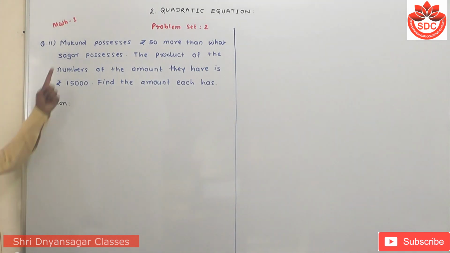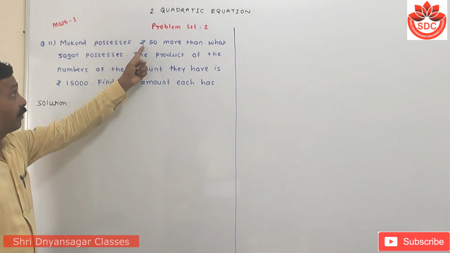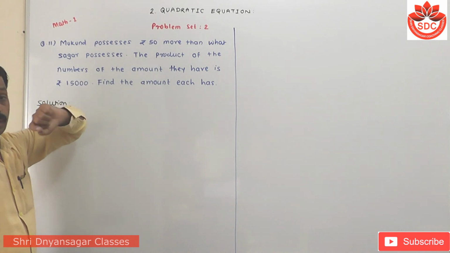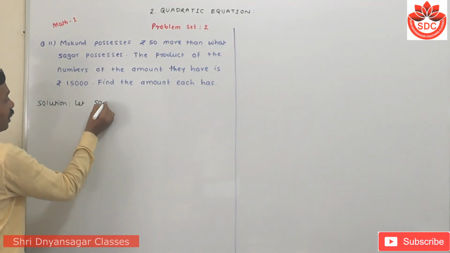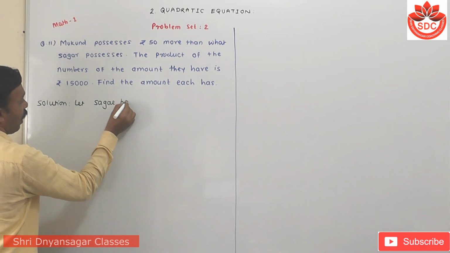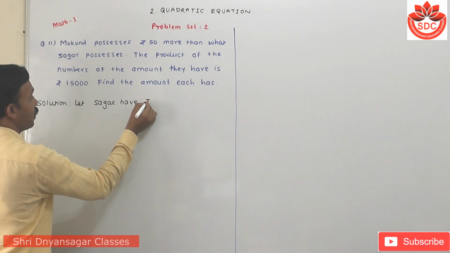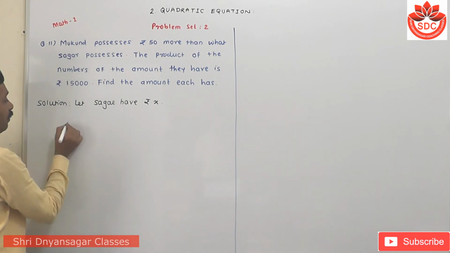Now look here, Mukund has 50 rupees more than Sagar. So here we take, let Sagar have rupees x.